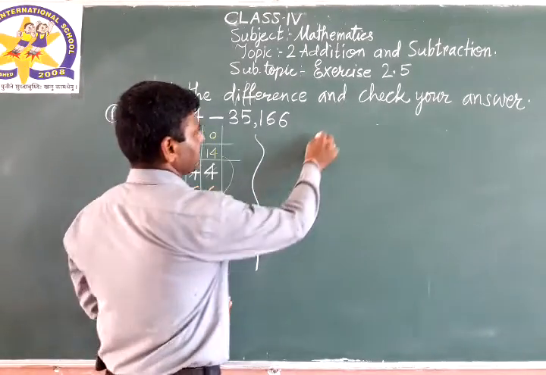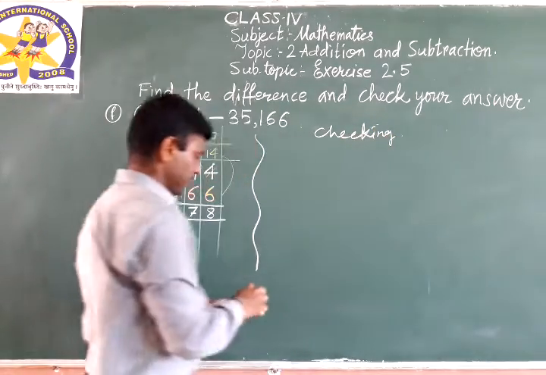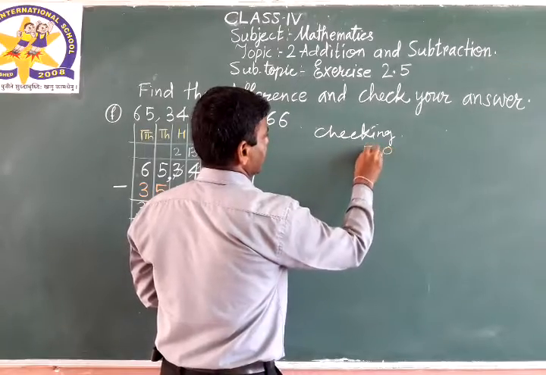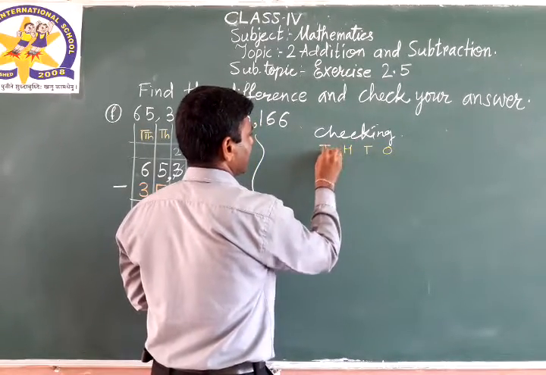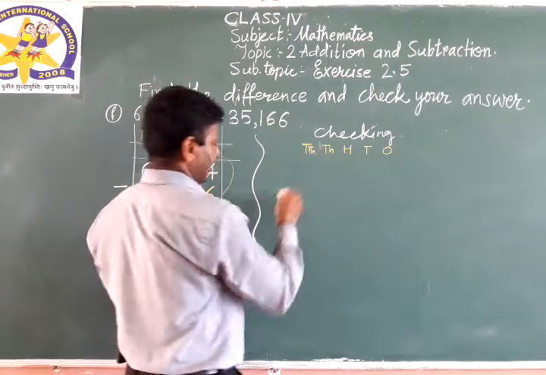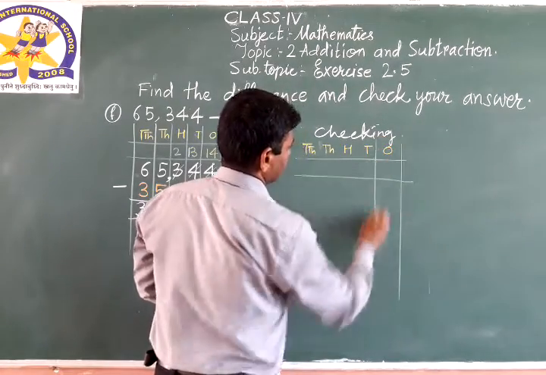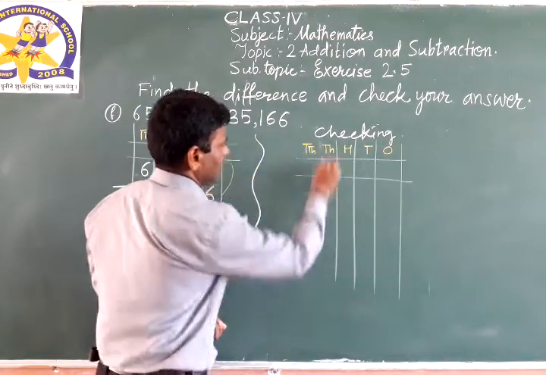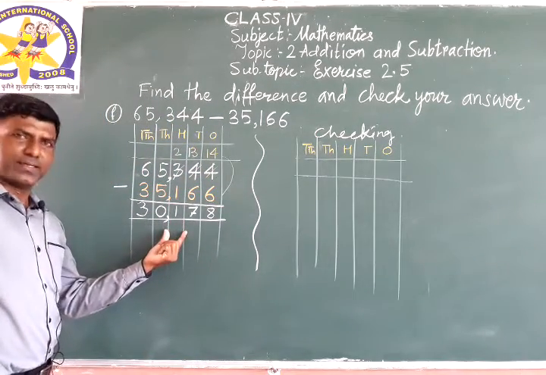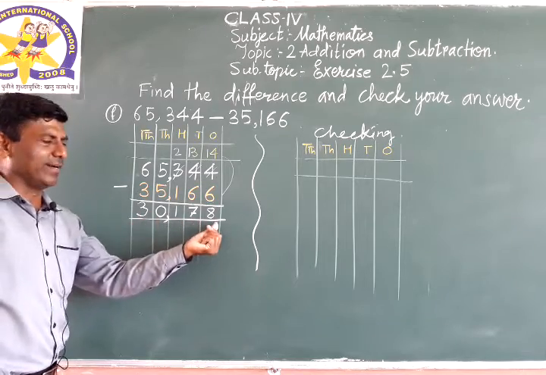Here checking. Again, ones place, tens place, 100 place, 1000 place, 10,000 place. Draw the place values. Then draw the columns. First write the difference. Difference is 30,178.